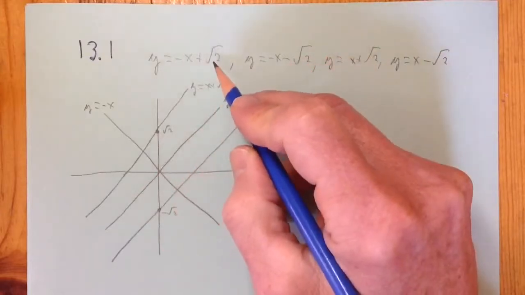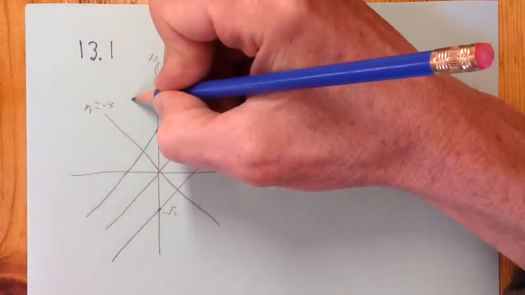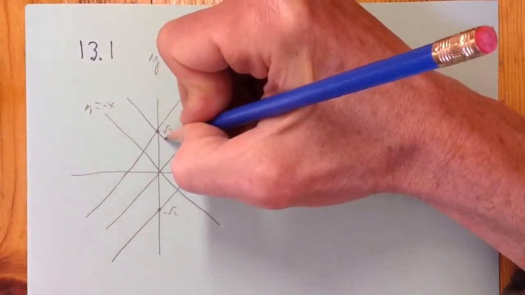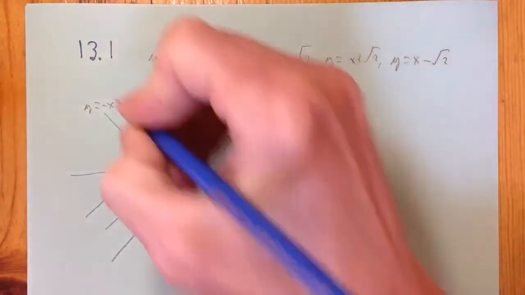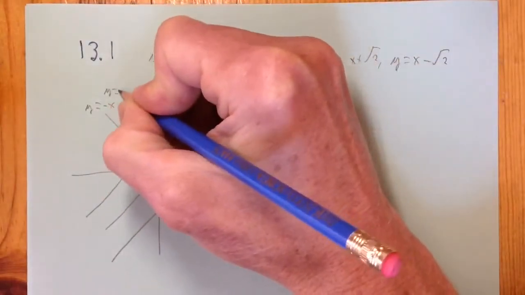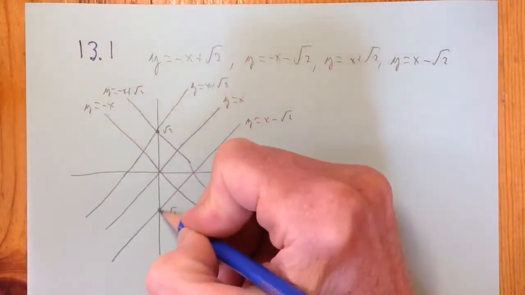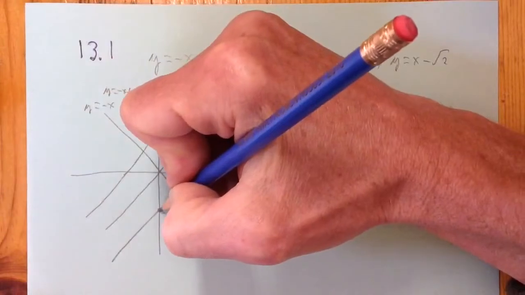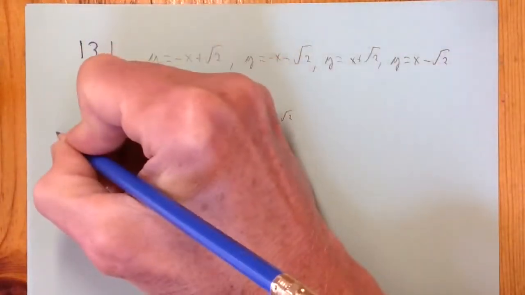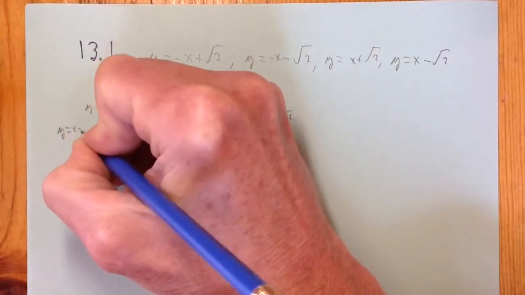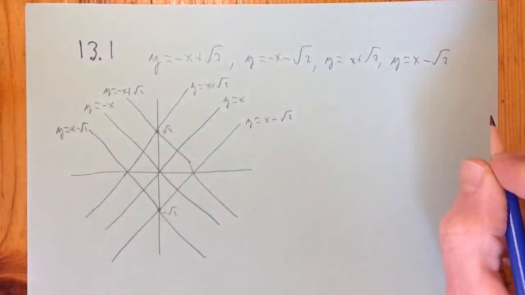We add root 2 to it, so we go up by root 2 to right there. So here is our other one, y equals negative x plus root 2. And then we take away from it, it goes down to here, minus root 2. This is y equals negative x minus root 2.